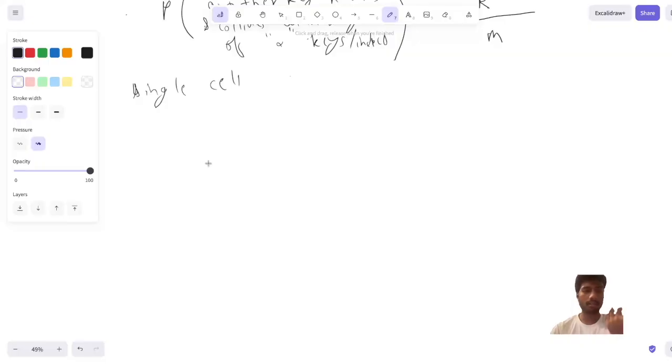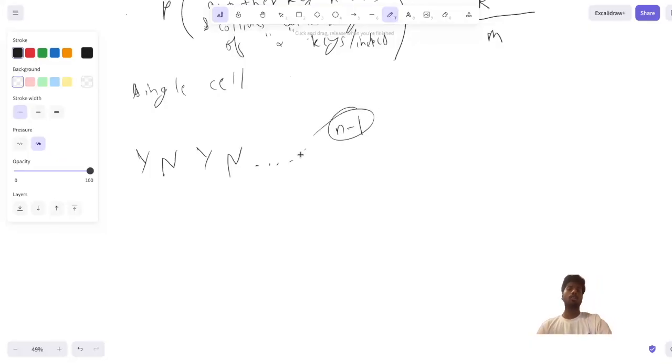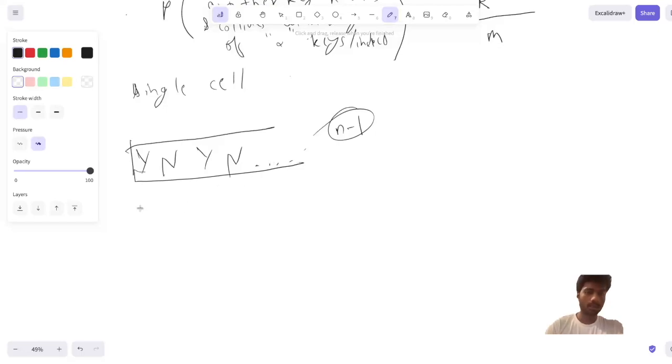So if the leftover keys are n minus 1 keys, what we will have is essentially a sequence of yeses and noes only. And how many trials do you have? N minus 1 keys, right? So this kind of distribution, where you ask a question with a yes or no, and there are, let's say capital N equals n minus 1, N trials independent of each other, this kind of distribution is binomial distribution.